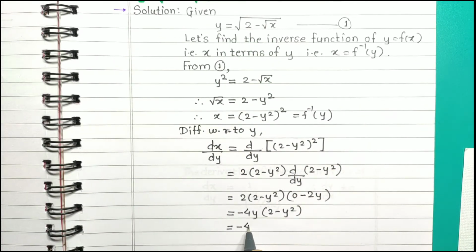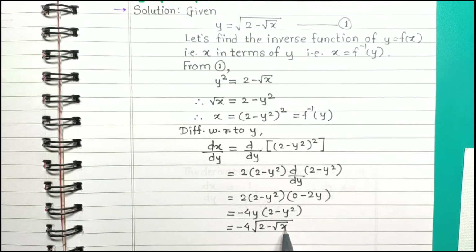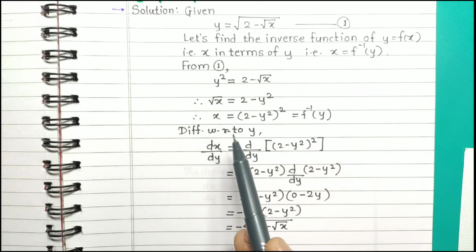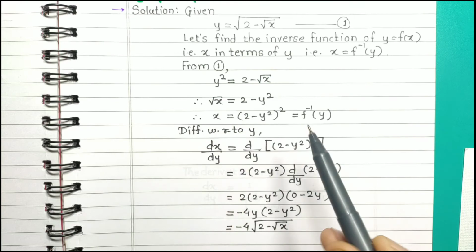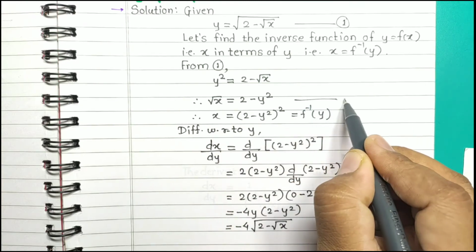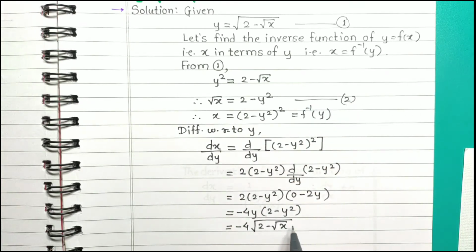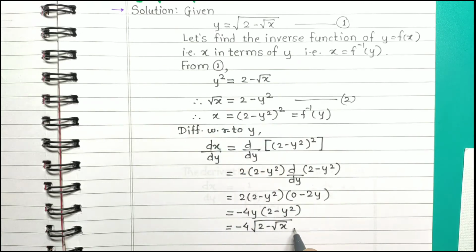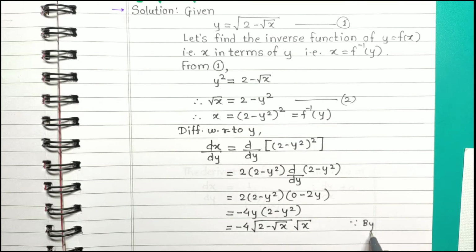So this is minus 4 into square root of 2 minus root x, and for this 2 minus y square, here we have root x, so we are taking reference of this step, so call it equation number 2. And so here replace this 2 minus y square by root x, so this is root x.